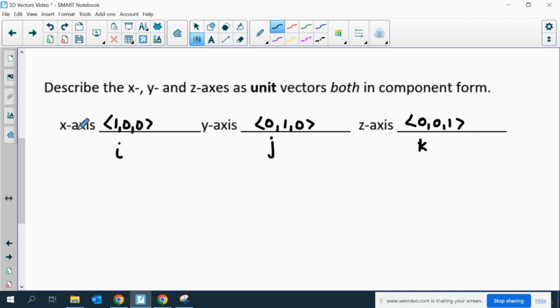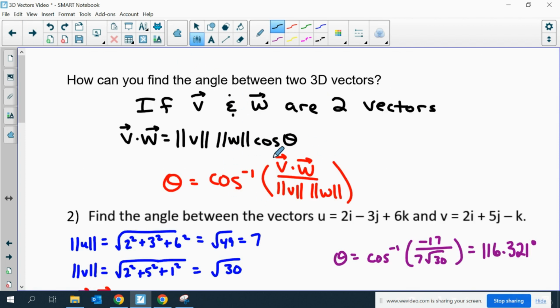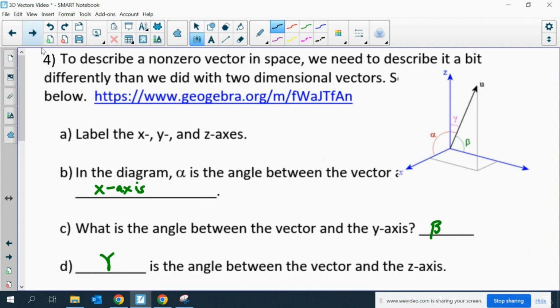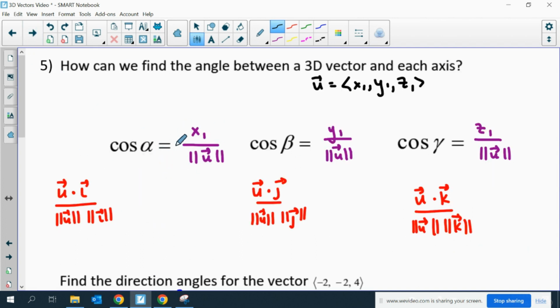And then if we realize that we have unit vectors for the x, y, and z axes as i, j, and k, 1, 0, 0, 0, 1, 0, and 0, 0, 1, then we can just use this cosine formula and dot whatever vector we have with the i, j, and k vectors representing the x, y, and z axes. And then we can get angle formulas for how far away they are from the x-axis, y-axis, and z-axis. So we're going to use these a lot.